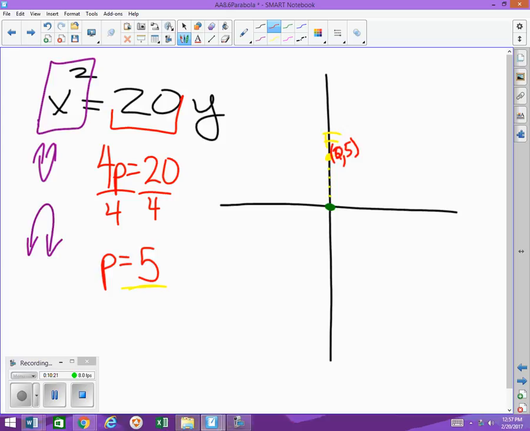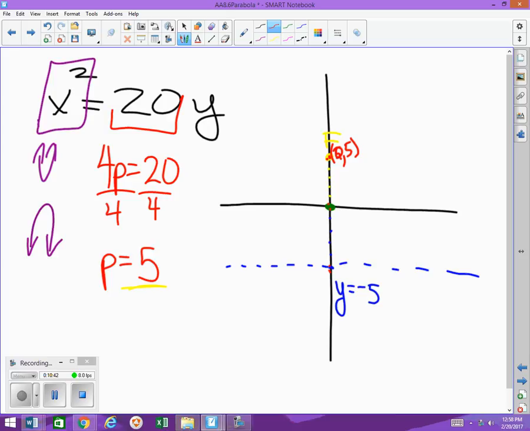And then we know that 5 down, there is our directrix, which is at y equals -5. And since this is 5 and that is 5, this total distance is 10.